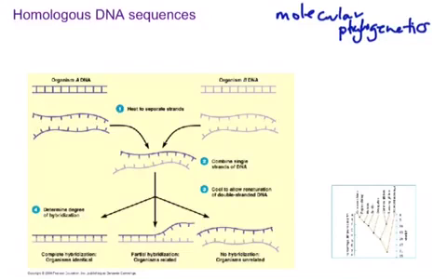But it can also be based on biochemistry, that's the way the body functions in terms of chemical reactions, or it can be based on genetic sequences. So molecular phylogenetics looks at evolutionary relationships based on molecular evidence.